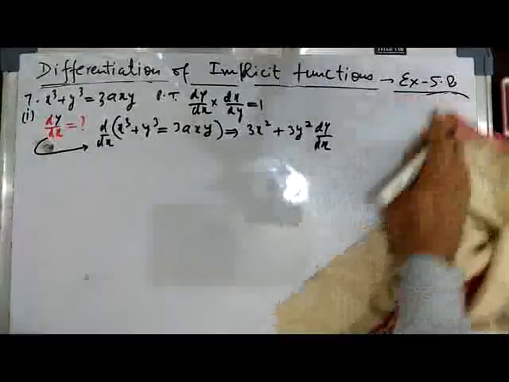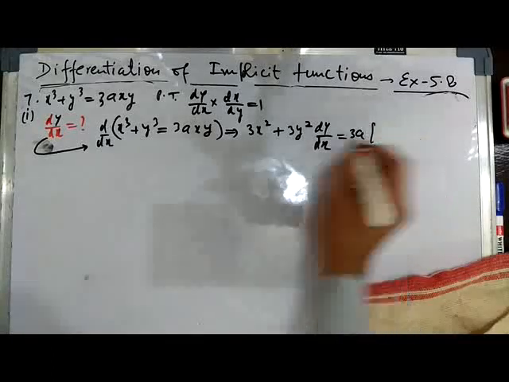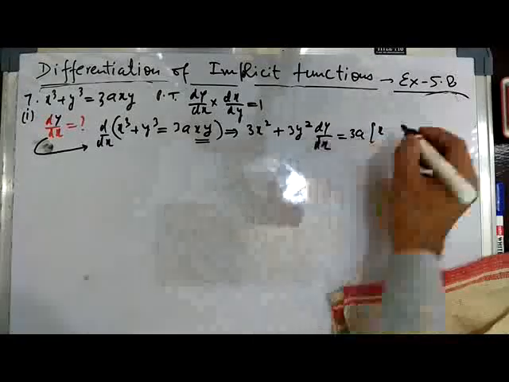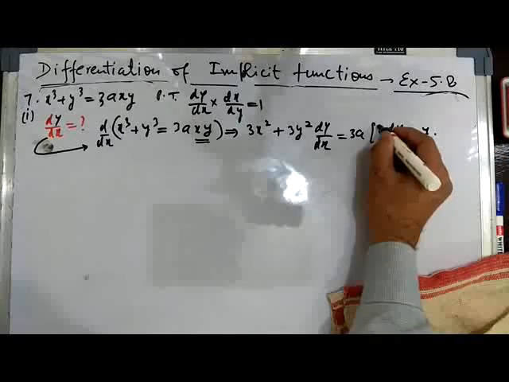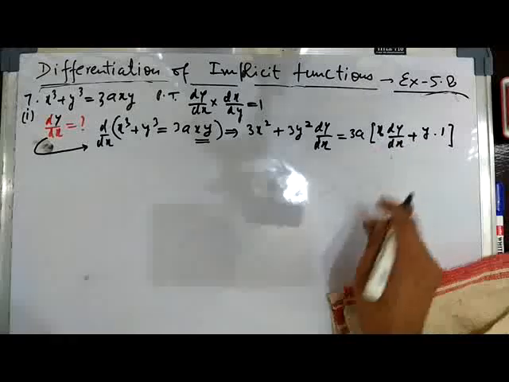Now this can be removed. Then on this side, 3a being constant, but we have two things, x into y. So x is fixed, the differential of y with respect to x is dy/dx. Now y is fixed, the differential of x with respect to x is 1.